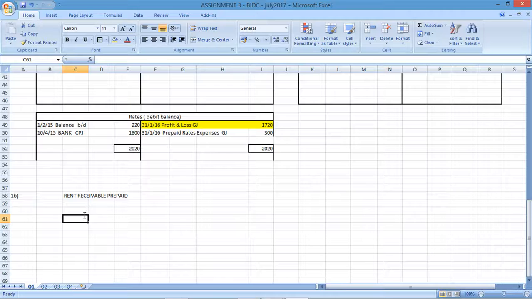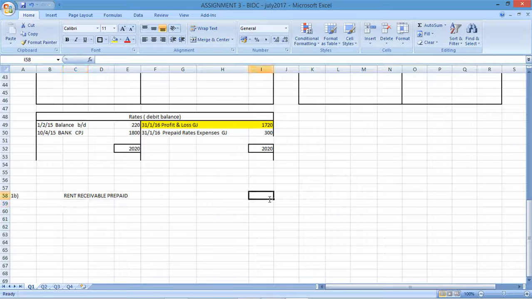So if it's rent receivable and it's prepaid, rent receivable meaning it's an amount that's receivable. Rent is receivable, but it's prepaid. Okay, it's a very strange way of referring to it, because is rent an expense?